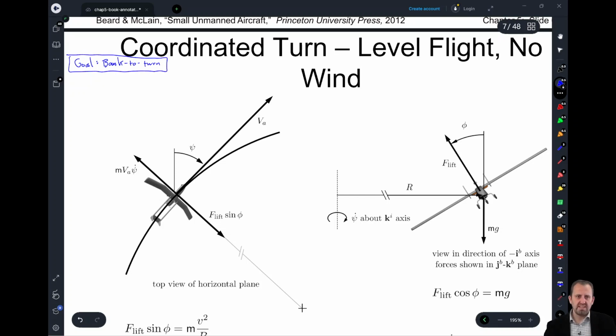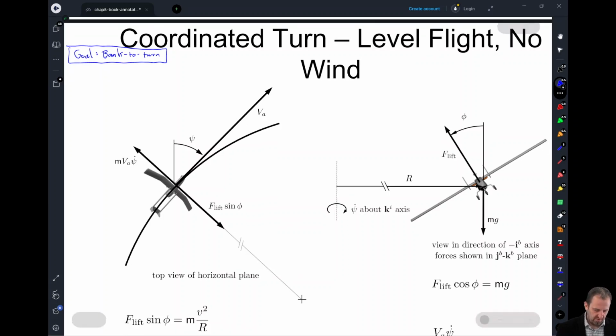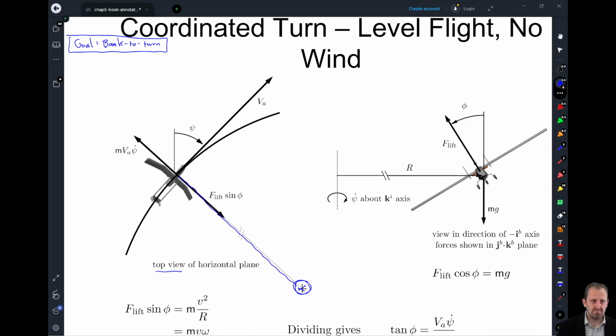And ideally, we're going to develop what needs to happen for us to go in a pure circular motion. Looking from a top-down view, here's our center, that's our center of rotation. We want to act as if we have a string attached to the aircraft, and the aircraft is just moving around in that circle.